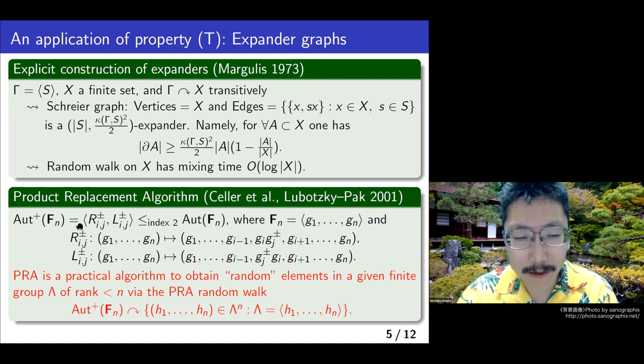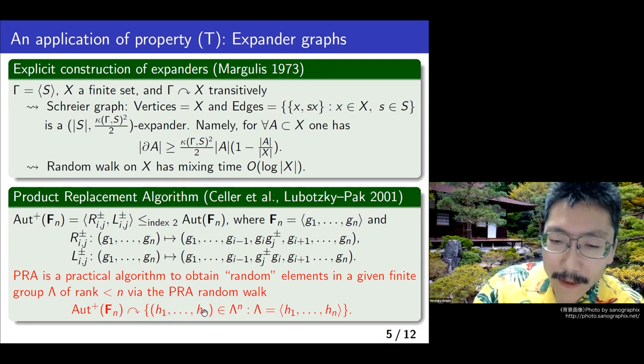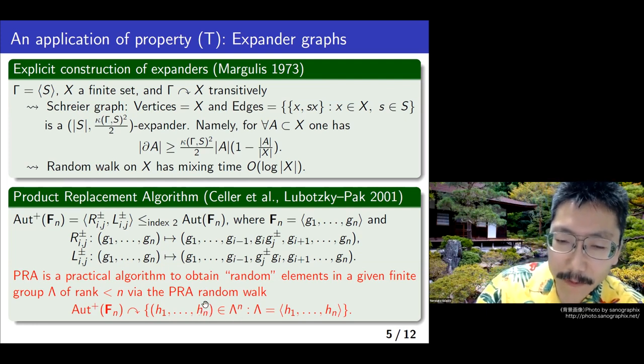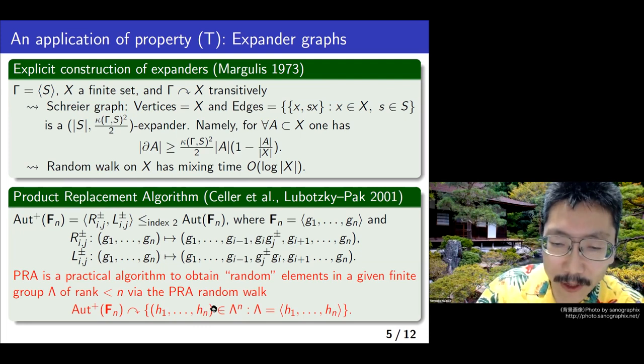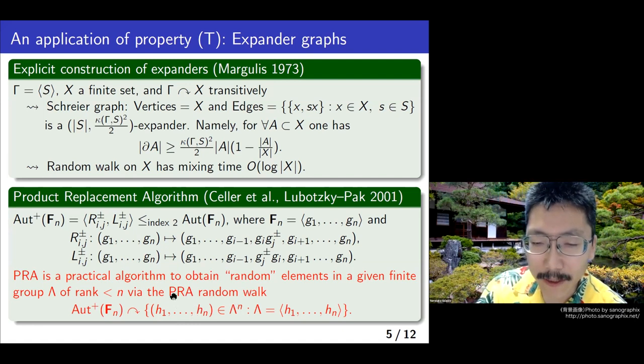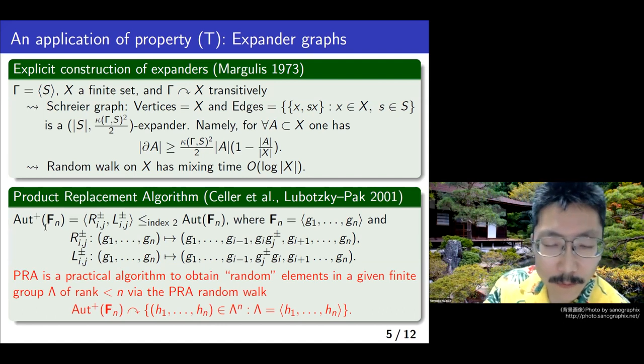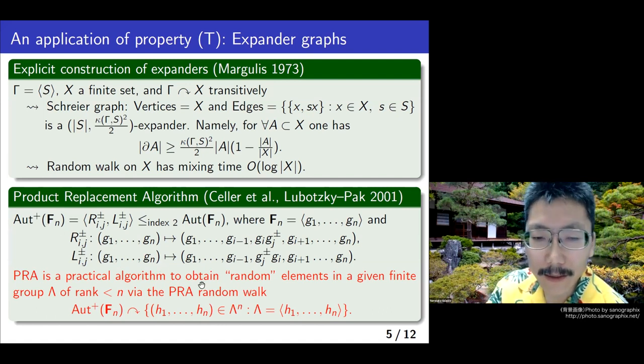After applying these several times, you pick randomly from one of the resulting generating set. If n is larger than needed, if you put in dummy elements in the first place, then these are redundant generating sets, and any element can really appear here, so you can expect this gives you random elements. And indeed, if the automorphism group of the free group has property T, then this random walk mixes very well.